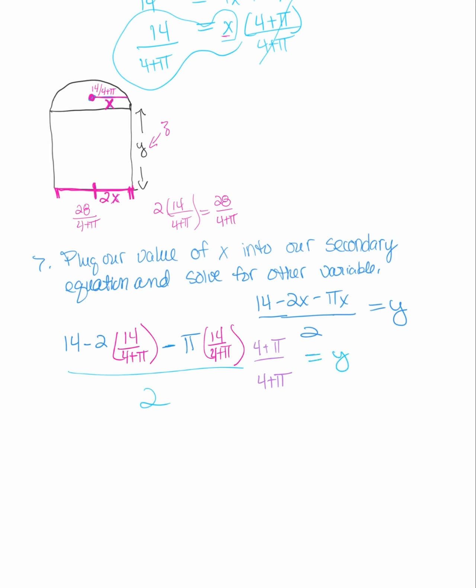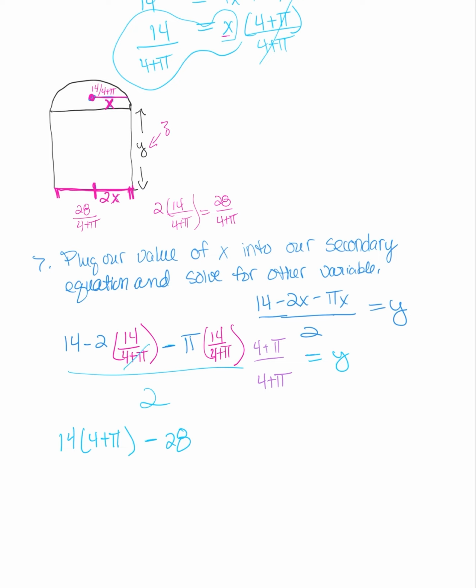Okay. So when I do that, this is what we'll get. We're going to get 14 times 4 plus pi, and then these guys are going to cancel. So you're just going to have 2 times 14, which is 28.